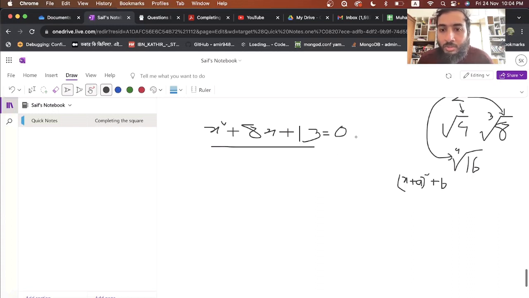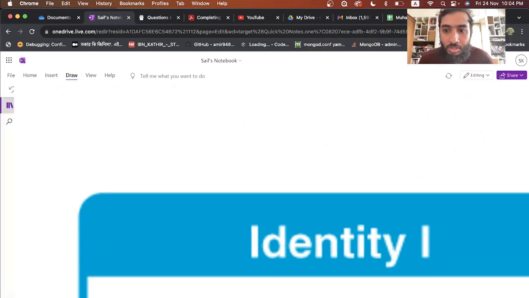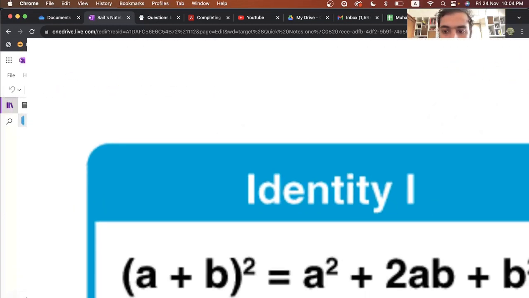In order to change this expression into this form, what I have to do here is use the formula of x plus a whole square.